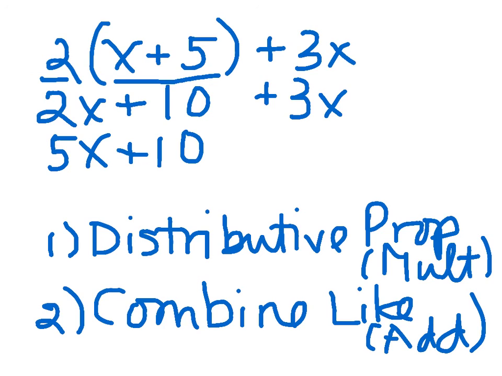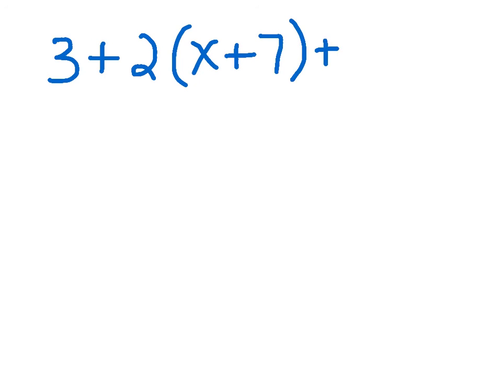One more example that gets a little bit trickier would look like this. If I say 3 plus 2 times x plus 7 plus 3x. The first thing I want to do is get rid of the parentheses.